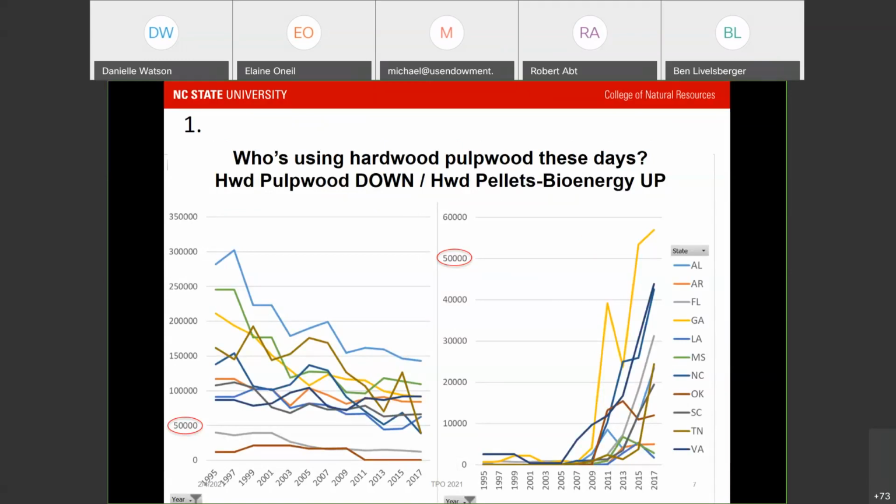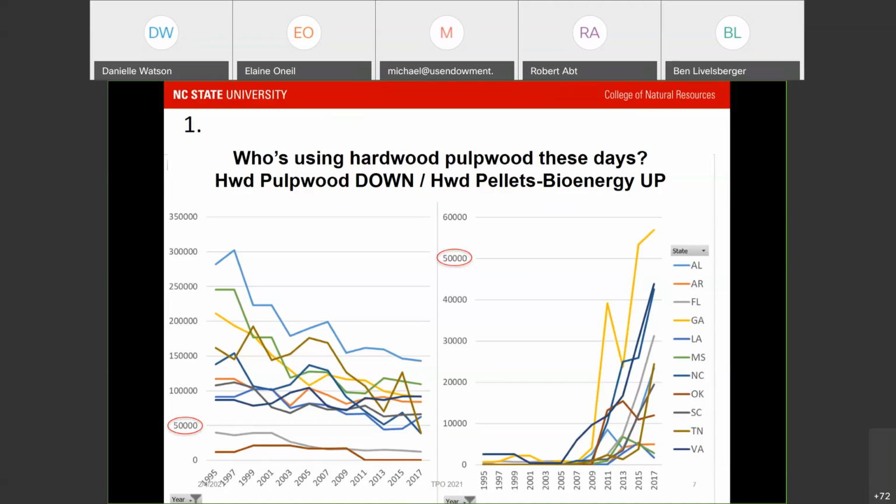And my proxy for pellets, up until it was recently recharacterized, was the increase in the other category that started abruptly in 2009, which is usually pellets. So you can see about 2009, a lot of the upward trend in hardwood pulpwood use is on the pellet side, not on the paper side.